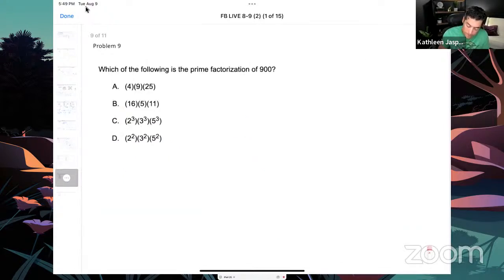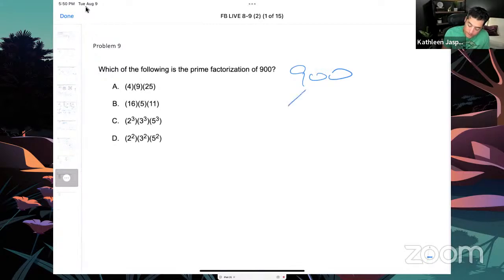Okay, problem 9. Which of the following is a prime factorization of 900? Just a good opportunity to do prime factorization. And you can always do these in a number of ways. So we start with 900, our number, as our factor tree, and just use as simple numbers as possible, just to make it easier so you can do the math either in your head or quickly in your calculator.